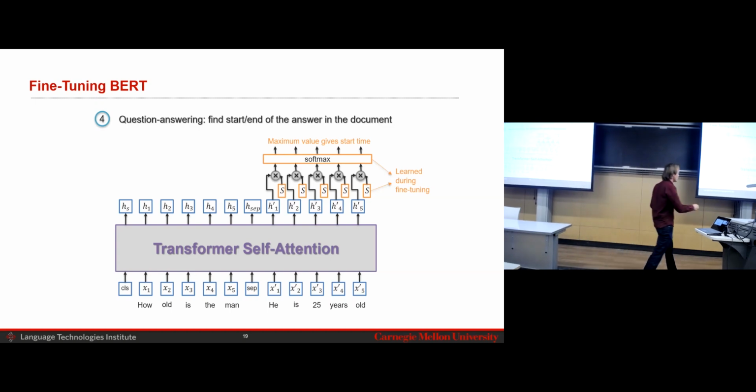So the question is going to be self-contextualized, but you want your transformer to also realize, hey, for that question, where will be a good start of that sentence, of that answer?